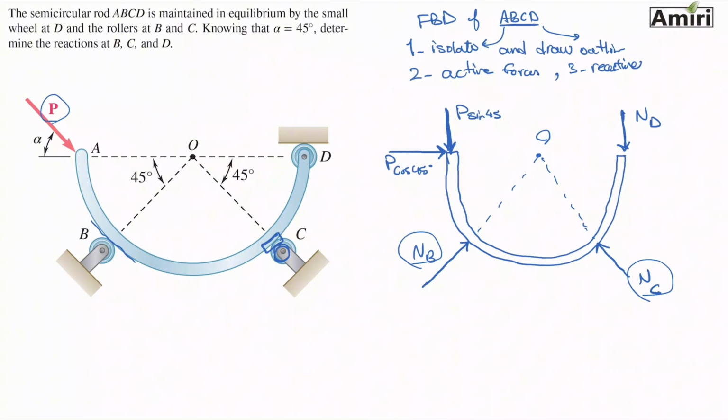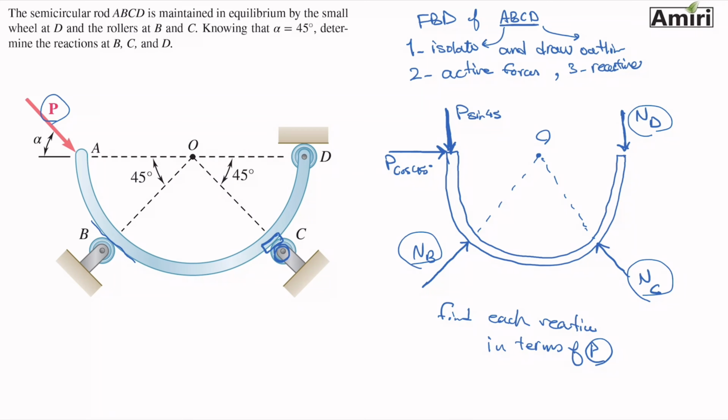So what I can do is I can find each reaction in terms of P, because P is an active force. Then if P is 150, whatever it is, I can just find it. The unit doesn't even matter, whether it's in newtons or pounds. I should be able to find it.